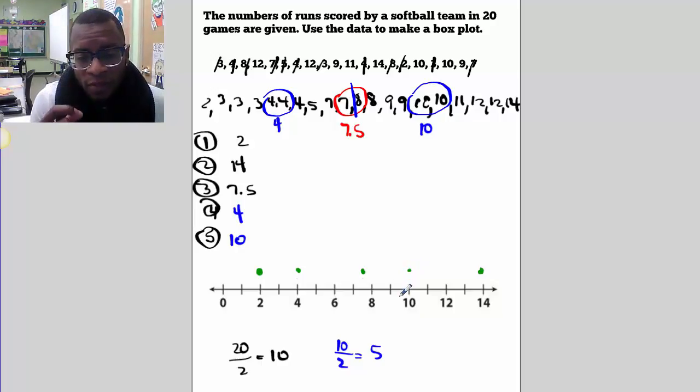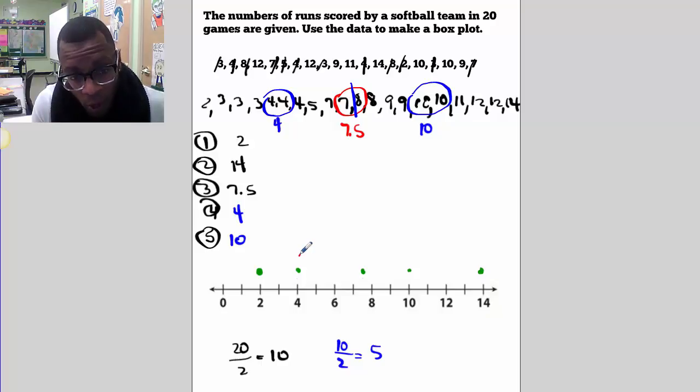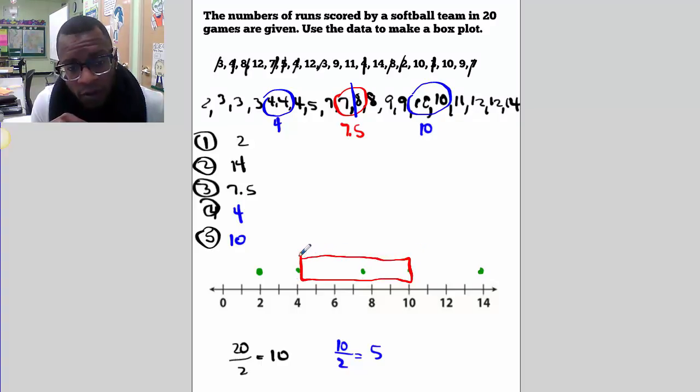Now, to make this box plot, what you're going to do is draw a line. So let's change colors. You're going to make a box around your quartile 1 and your quartile 3 value. So I'm going to draw a box around quartile 1 all the way up to quartile 3 and close that box.